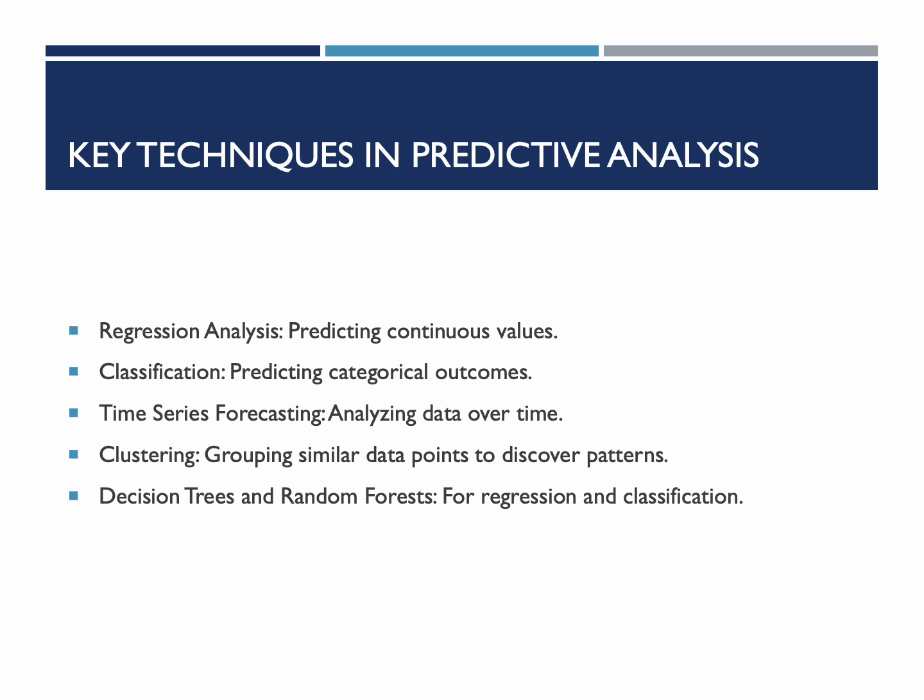Okay, then lastly we have decision trees and random forests. Now these are methods used for both classification and regression. A decision tree is a flowchart like structure that helps make decisions based on the attributes of the data.